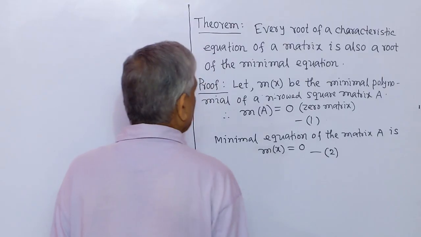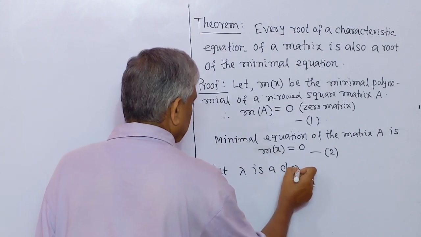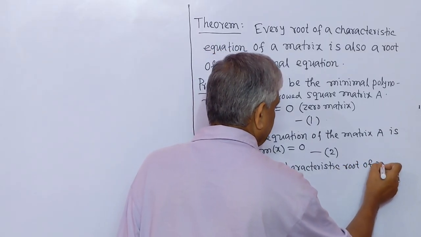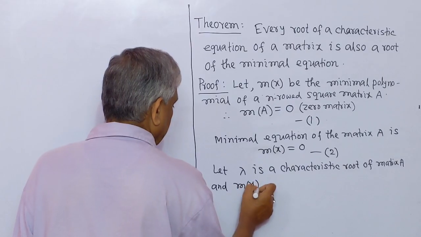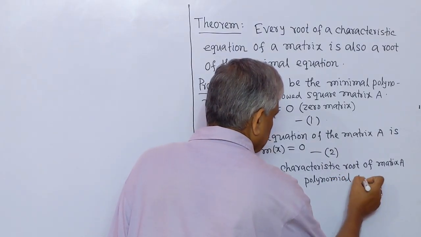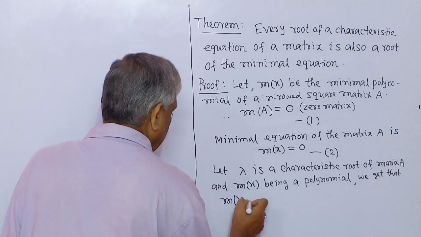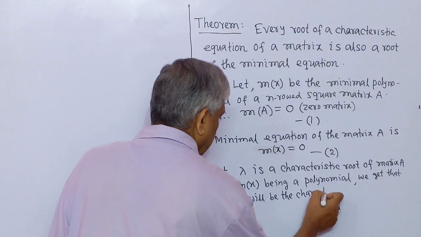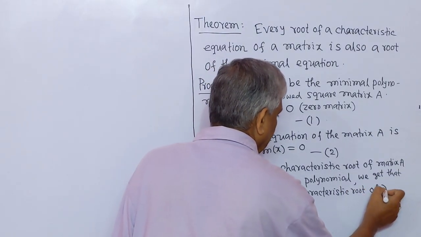This is number 2. Let lambda be a characteristic root of matrix A and m(x) being a polynomial, we get that m(lambda) will be the characteristic root of m(A).